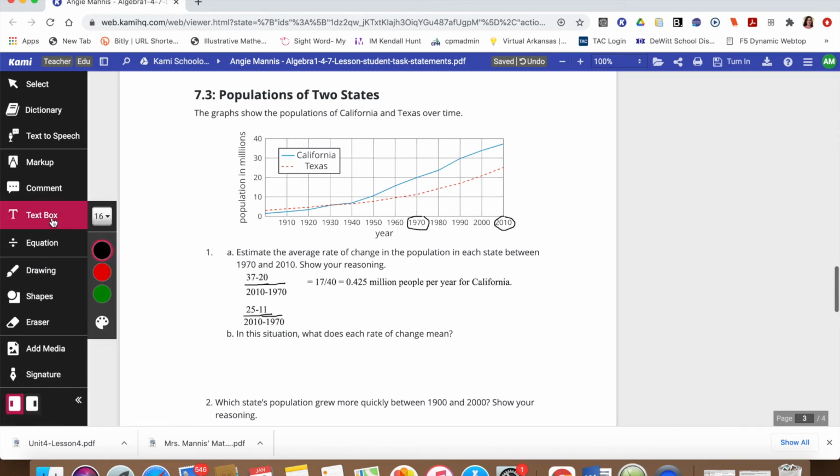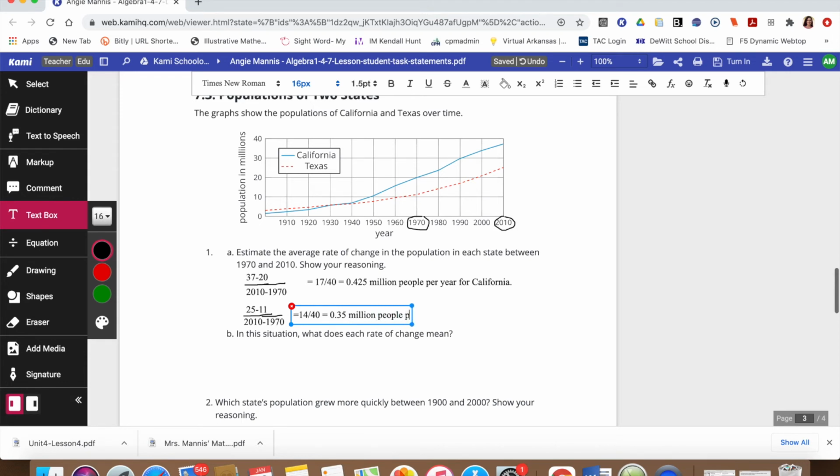So we will calculate that, and we're going to get that that equals 14 over 40, which equals 0.35 million people per year in Texas.